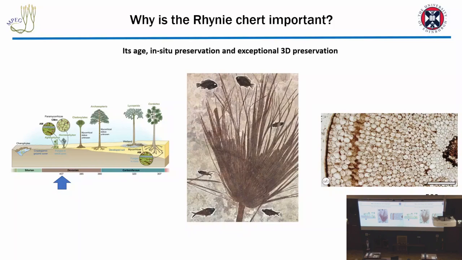The second thing that's really important about the Rhynie chert fossils is they are preserved in situ, which means where they were growing. Now, if you haven't really given any thought to fossils before, what I think a lot of people forget is the vast majority of fossils that we examine are not preserved where they were actually living at the time. In the case of plants, they fall into streams, they're washed into rivers, washed into the sea.